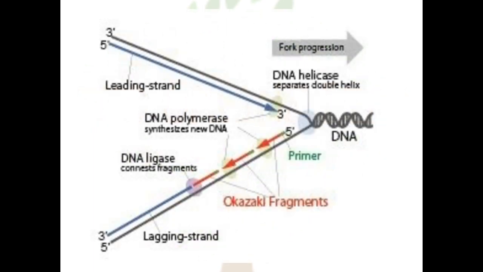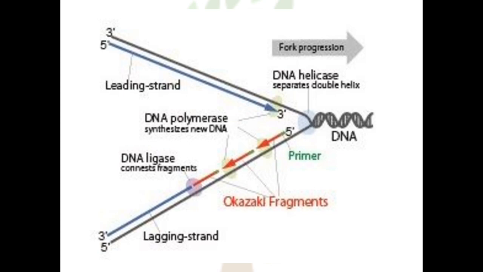Now you can see in the diagram, on one side the DNA double helix which is cut open by the enzyme DNA helicase. Then the strand which runs in the 3' to 5' direction is called the template strand, and the strand which is exactly complementary to it, which runs in 5' to 3' direction, the blue colored strand, is called the leading strand because the synthesis of DNA takes place continuously on this strand.